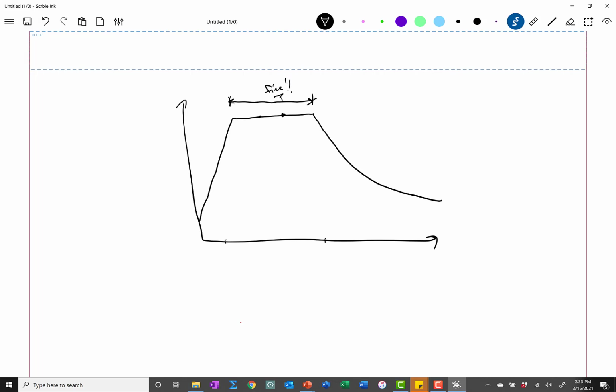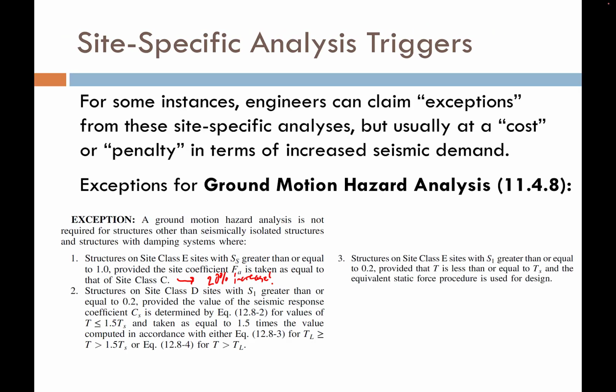Go ahead and just design to that because you're designing to really high ground motions anyways. But then it's also saying if you're out here in this section with the logarithmic decrement, you have to stretch this out to a 50% increase and increase it by 50%. So now you're jacking up your ground motions by 50%, not just 20%. So you're designing to some pretty large ground motions.